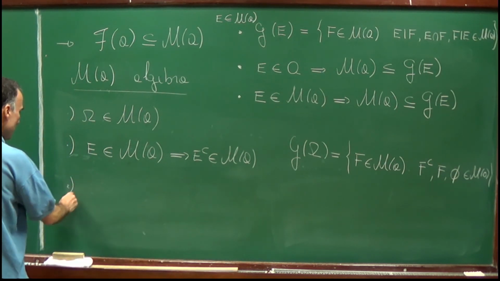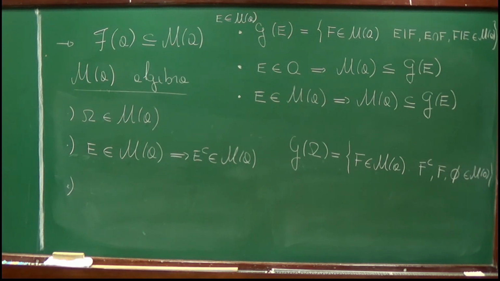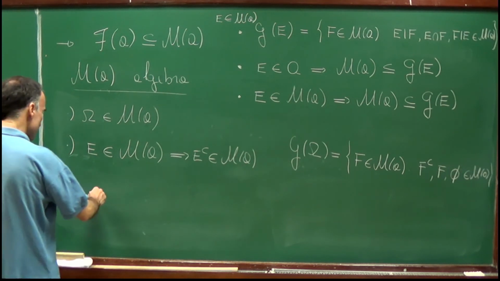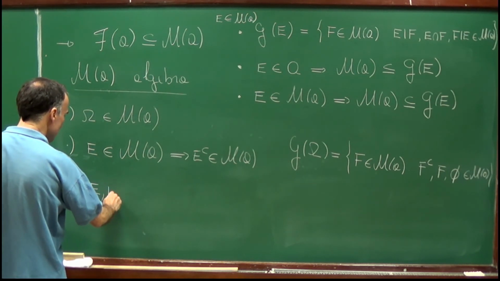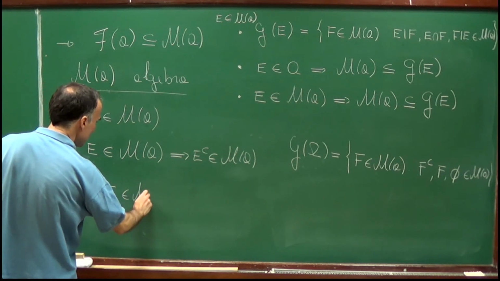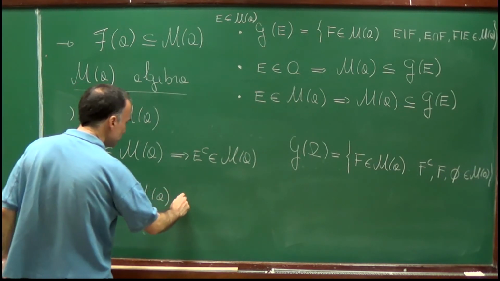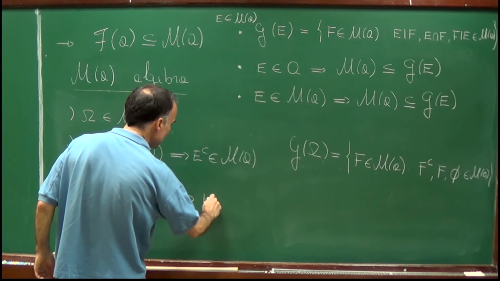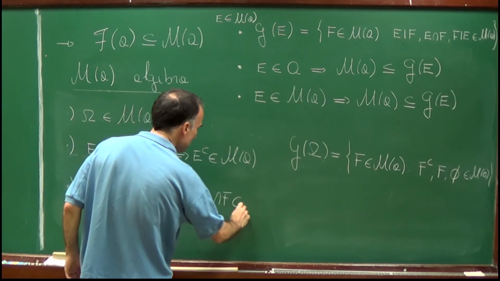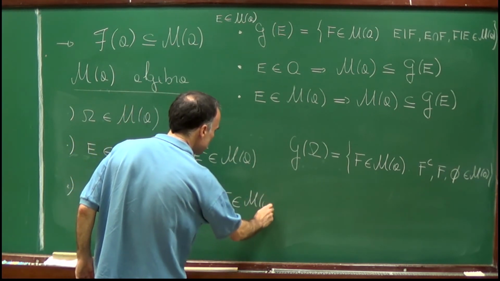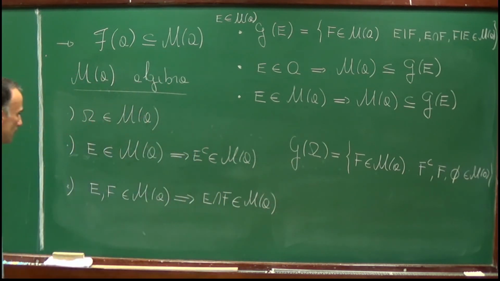And finally, we have to show that M of A is closed by finite intersections, which means that if I take E and F in M of A, I have to prove that E intersection F belongs to M of A. Right?